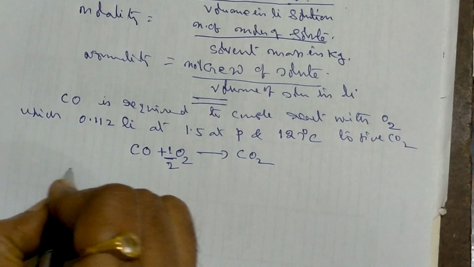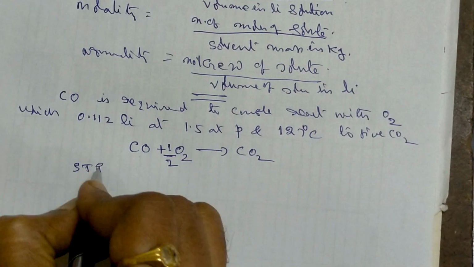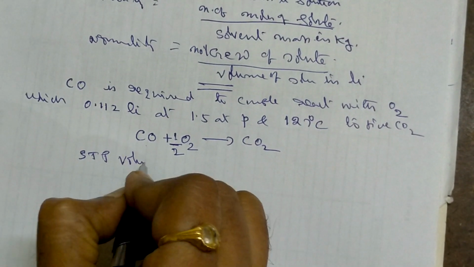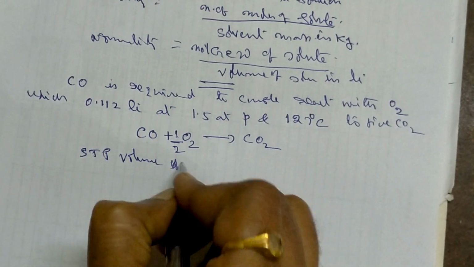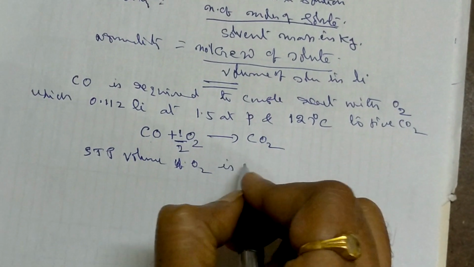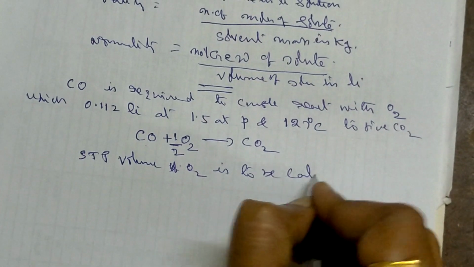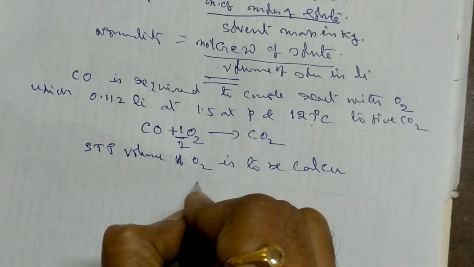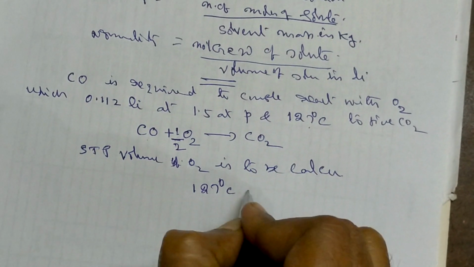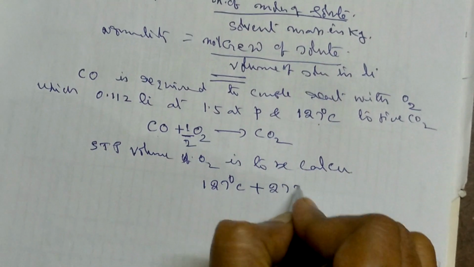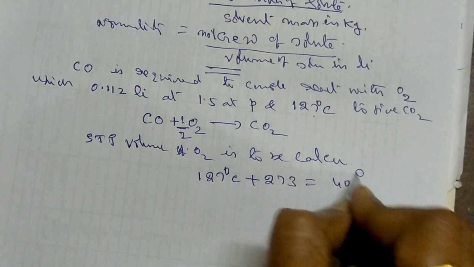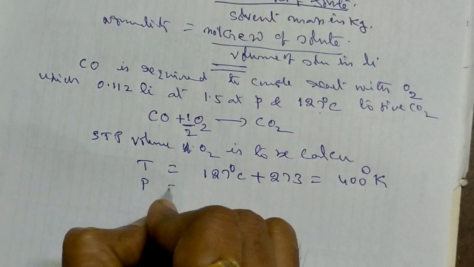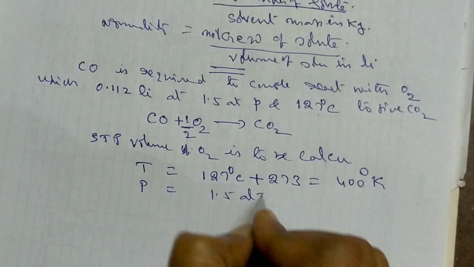Now we have to bring everything to STP. The STP volume of CO we cannot change. The STP volume of O2 is to be calculated. Temperature is 127 degrees centigrade plus 273, that is 400 degrees Kelvin. Pressure is 1.5 atmosphere.